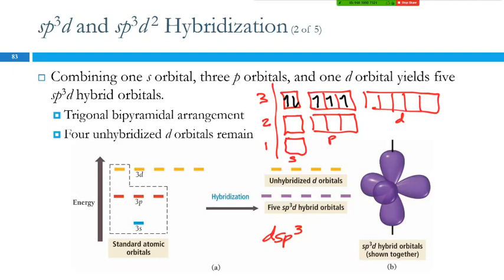Phosphorus has 5, so it's s2p3 for its valence electrons. What happens here when we hybridize and bring in a d orbital is that we're going to move an electron over into this empty d shell.